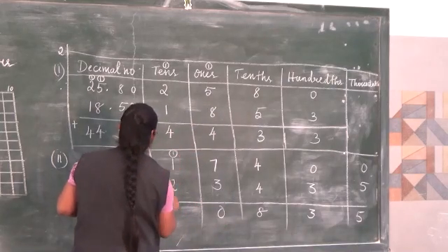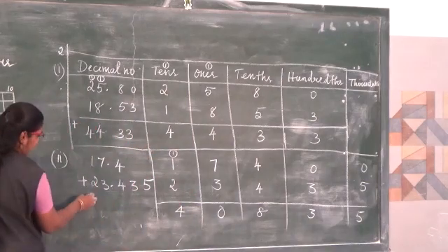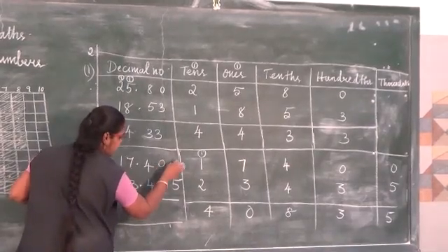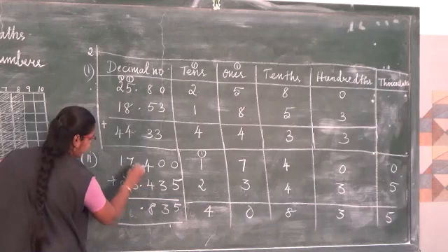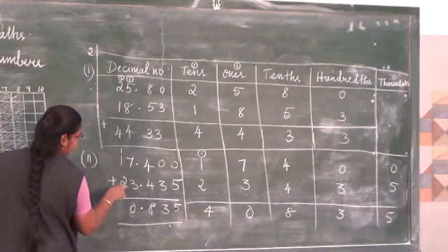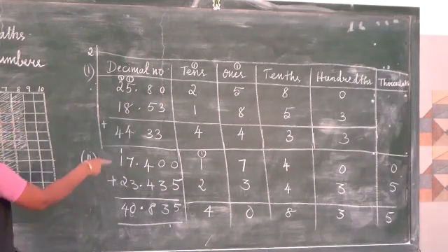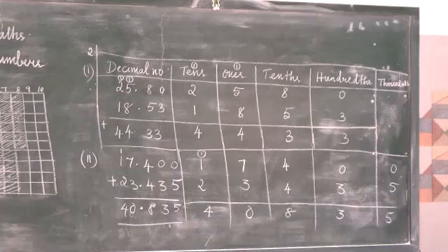So 1 carry over, 3, 4. So 40 point, if you want to check, you can cross check. 0, 0, 5, 3, 8. So 40.835. This is the way you have to write in the place value grid.